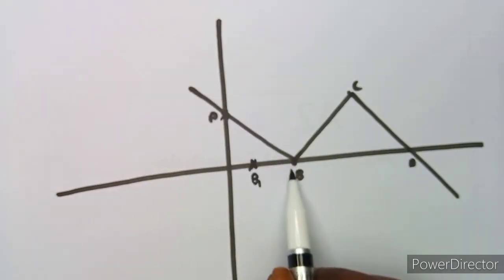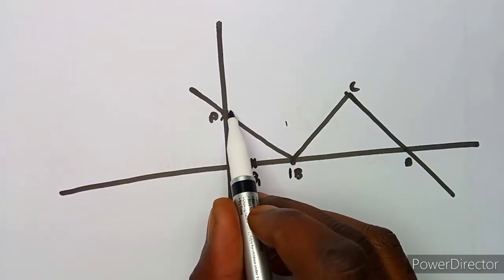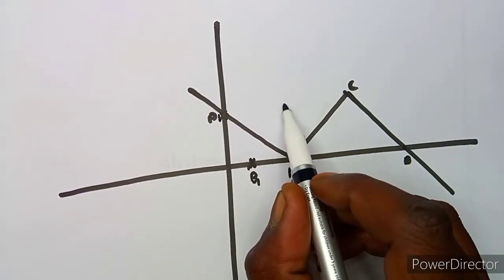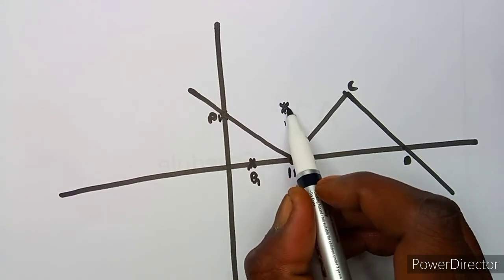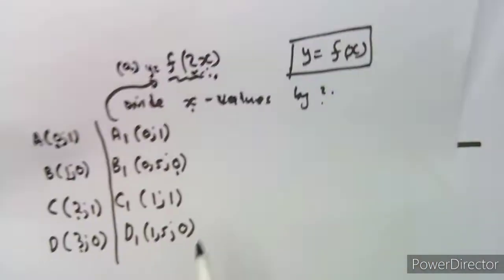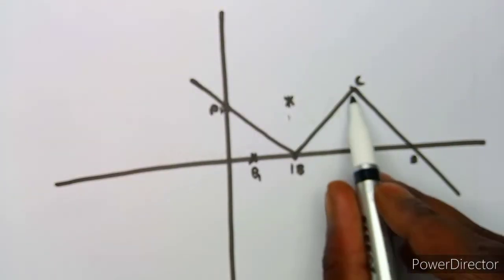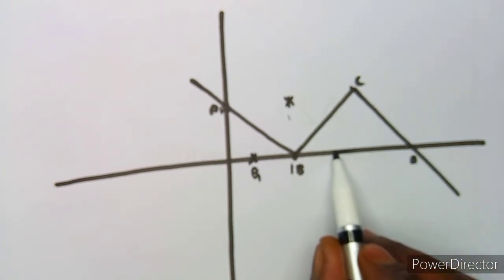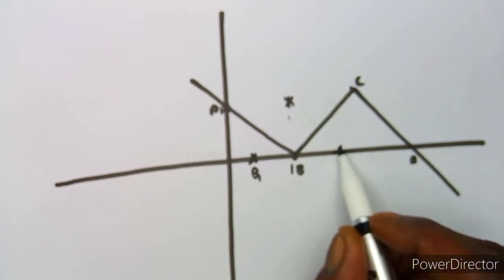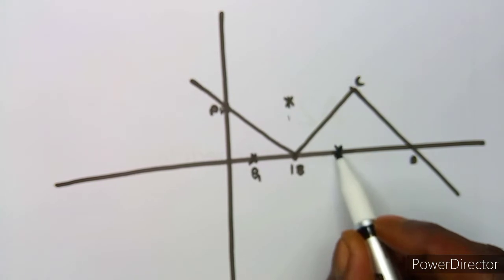Remember, this is 1, so C1 is at (1, 1). Your D1 is going to be at (1.5, 0). Remember C was at 2, so 1.5 is somewhere here just below C1. This is where you're going to have your point D1 now.